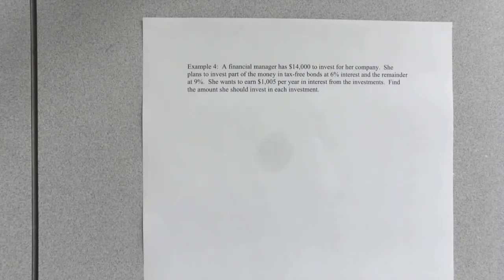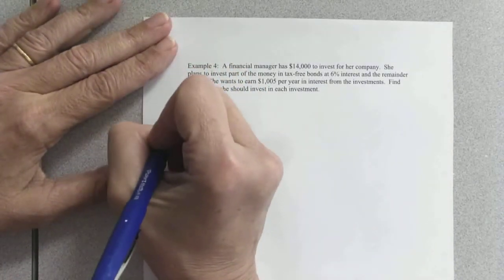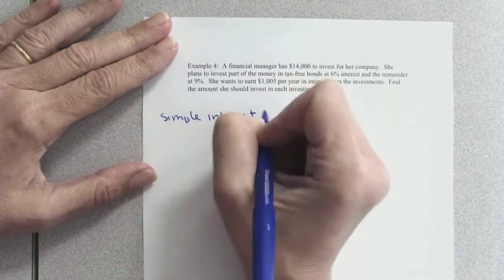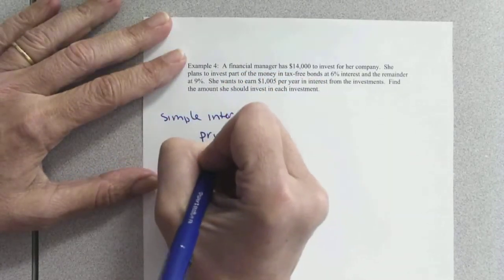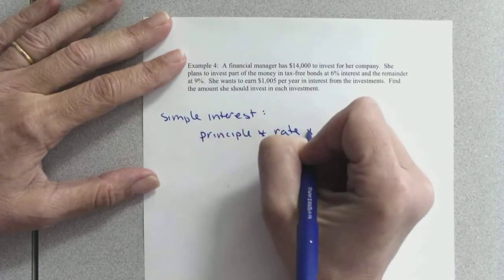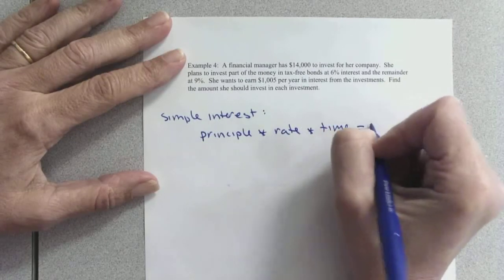Okay, these guys operate on what's called simple interest, which is this: principal times rate times time equals interest.